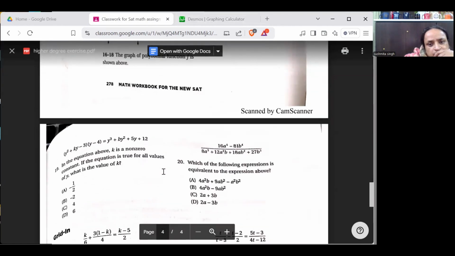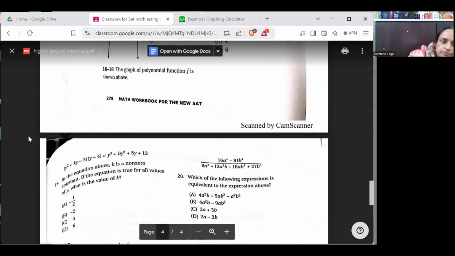Now over here you can see this question. This one is for sure on the test; it definitely comes up, and you don't have to do anything complicated. You just have to equate the coefficients.